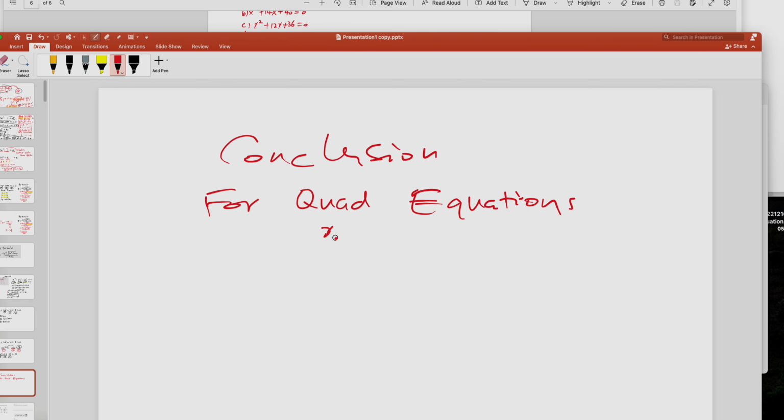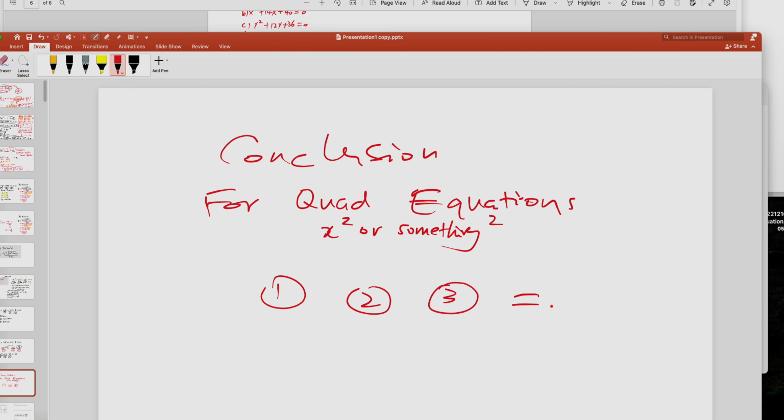It means x to the power of 2, that means something squared. That's the meaning of quadratic. So for a quadratic equation, you always group. You always try to have 3 terms on the left, and then you have a 0 on the right.